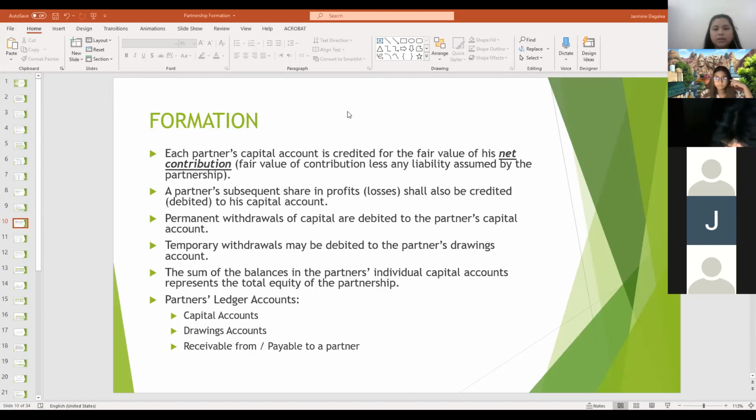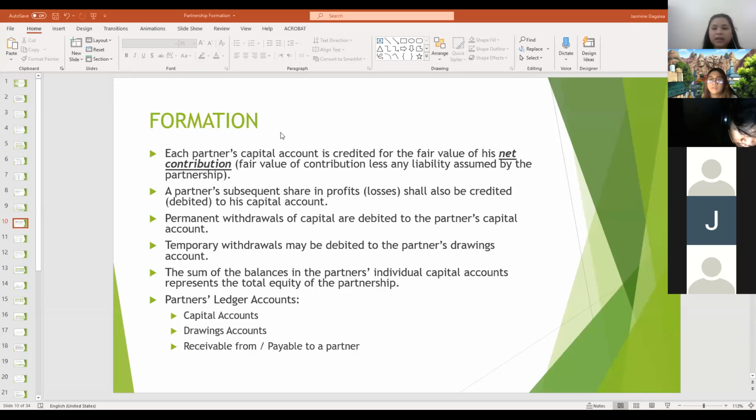We also have permanent contribution. Ulitin natin yung ano. Each partner's capital account is credited for the fair value of his net contribution. Fair value of contribution less any liability assumed by the partnership. Let's say, for example, you invested a building worth 500,000, and that building is still being paid for through a loan.